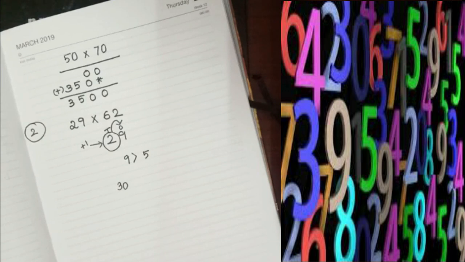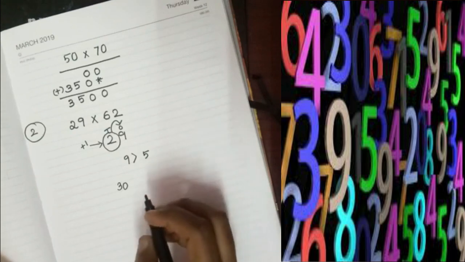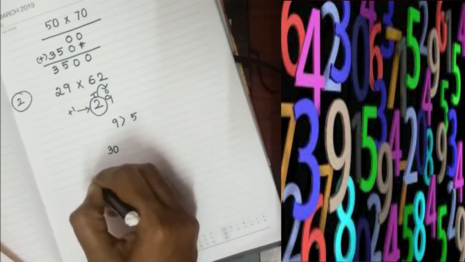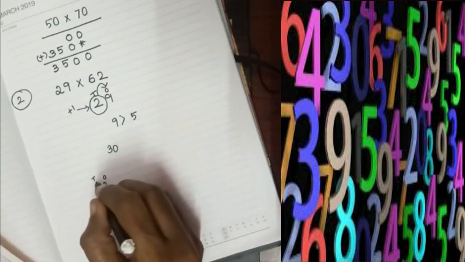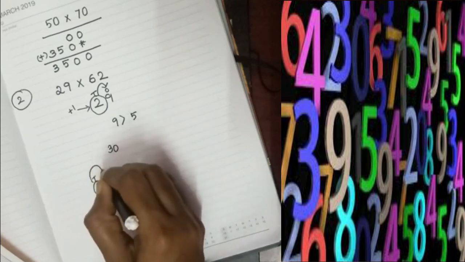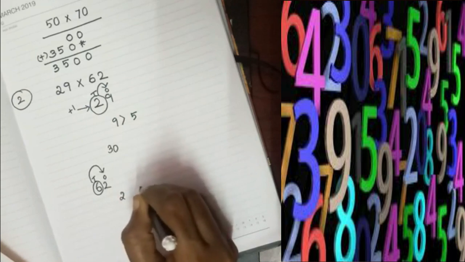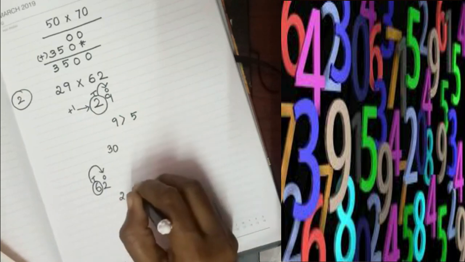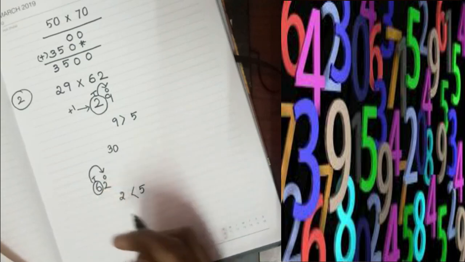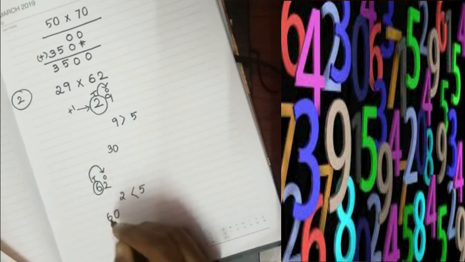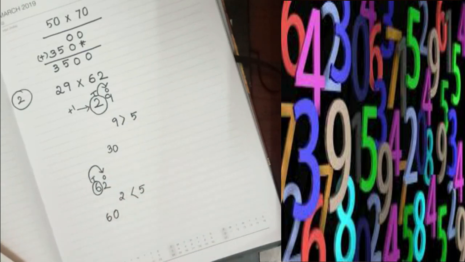Then next, 62. This is ones and this is tens. In the tens place 6 is there. Next to the tens place 2 is there. Compare 2 and 5. Which one is greater? 5 is greater, 2 is small. So this number remains the same and this will become 0. When we round off 62 to the nearest 10, we will get 60.